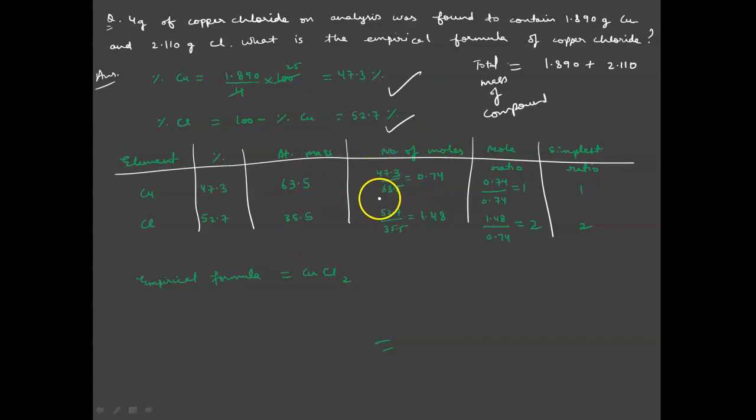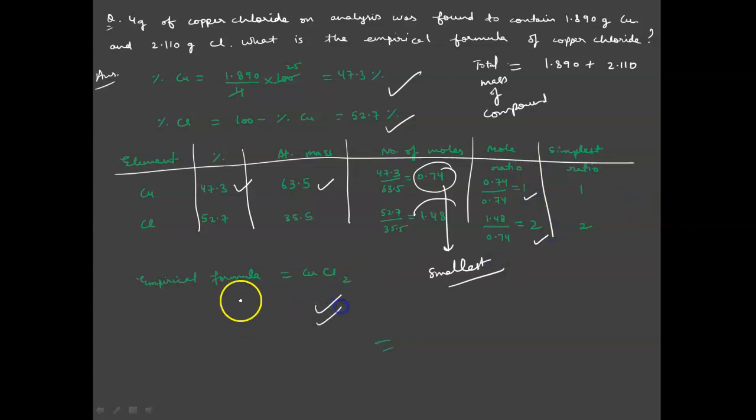Number of moles is mass upon molar mass. On dividing we get 0.74 and 1.48. This is the smallest value. On dividing, this comes out to be 1 and this comes out to be 2. So the formula is CuCl2. This is the empirical formula of copper chloride, CuCl2.